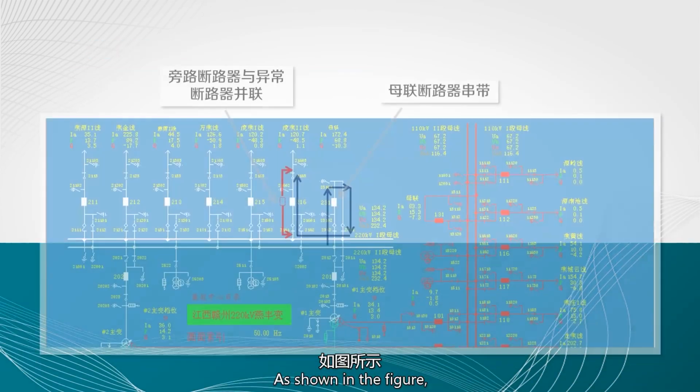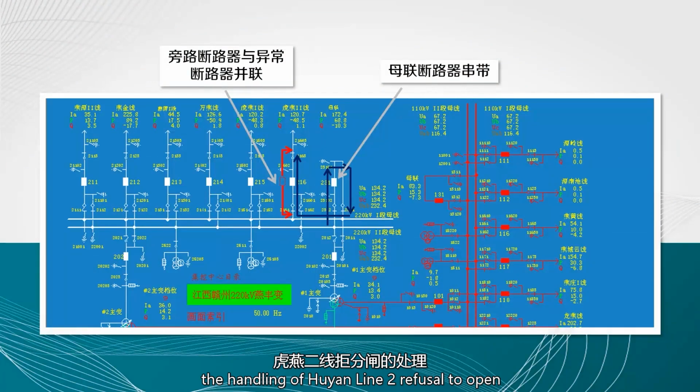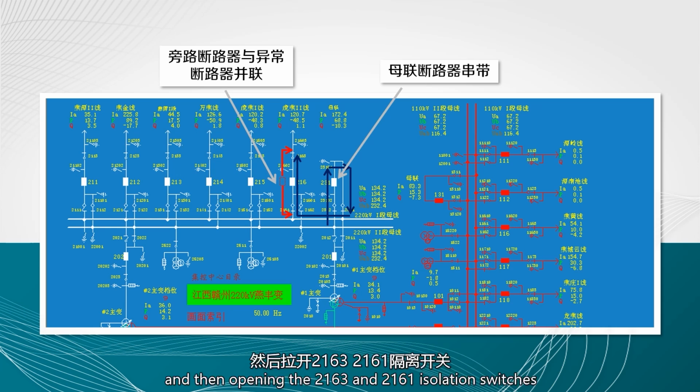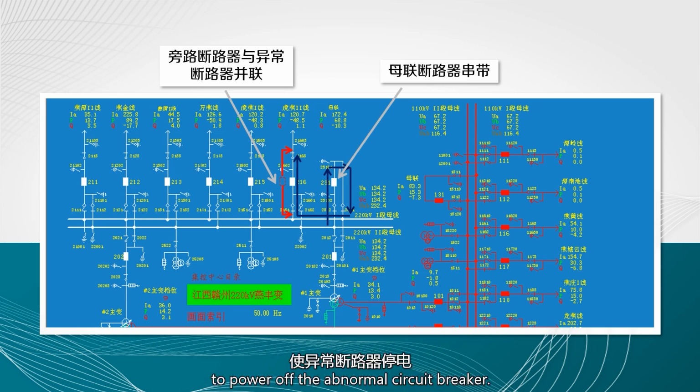As shown in the figure, the handling of Huyan Line 2 refusal to open can be achieved by using a bypass circuit breaker in parallel with the abnormal circuit breaker, and then opening the 2163 and 2161 isolation switches to power off the abnormal circuit breaker.